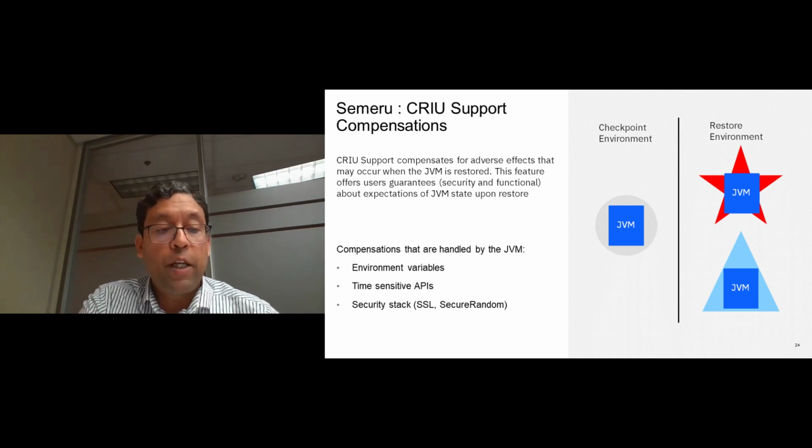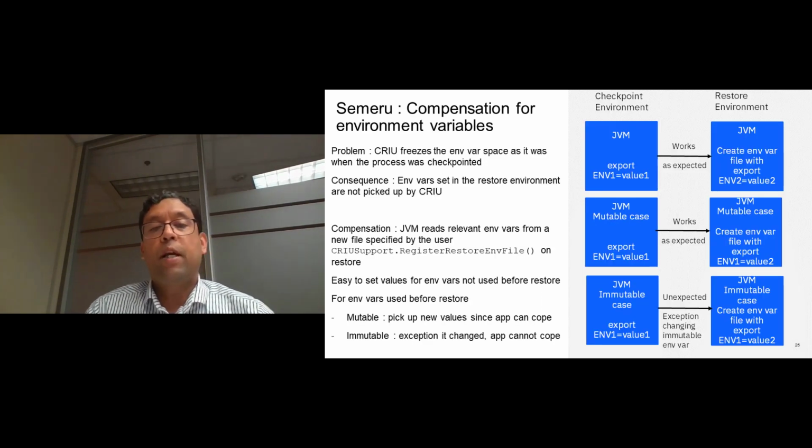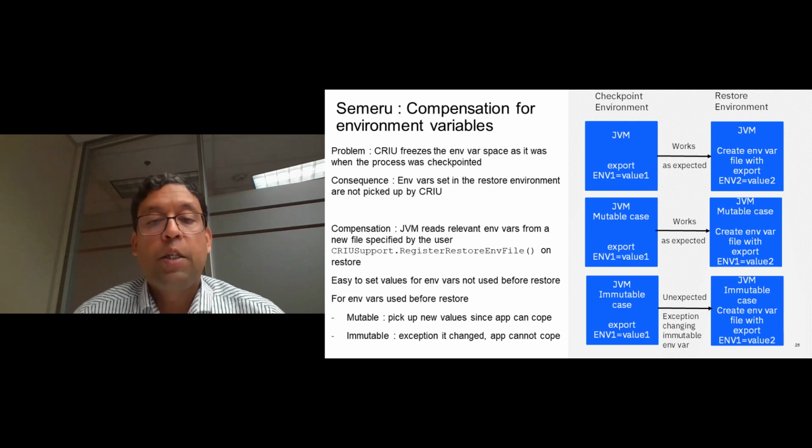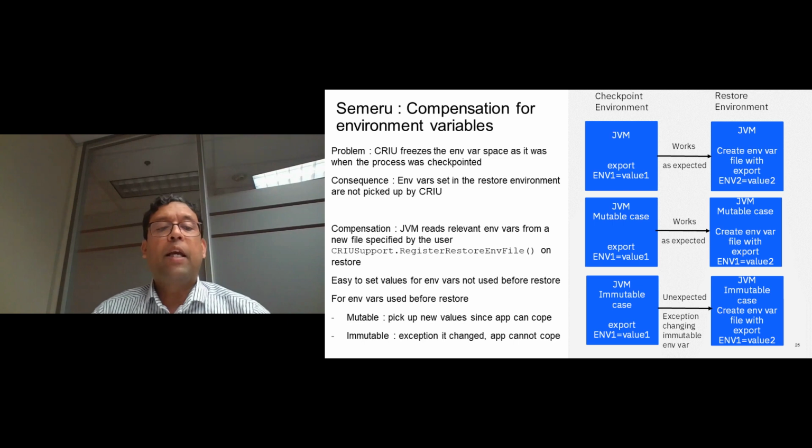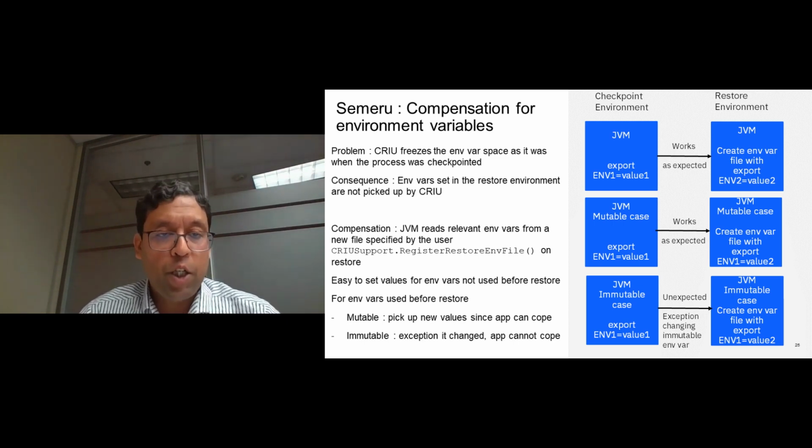There may be different security requirements or configurations that you might want to support at deployment time. So it needs to handle all those tasks seamlessly and work with CRIU's limitations to provide a seamless end user experience. Now, I'll get into 3 examples here, but I won't spend too much time on it.